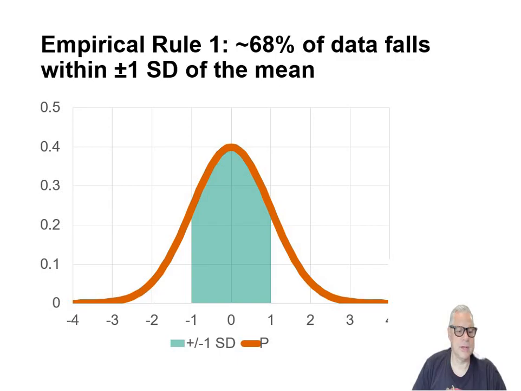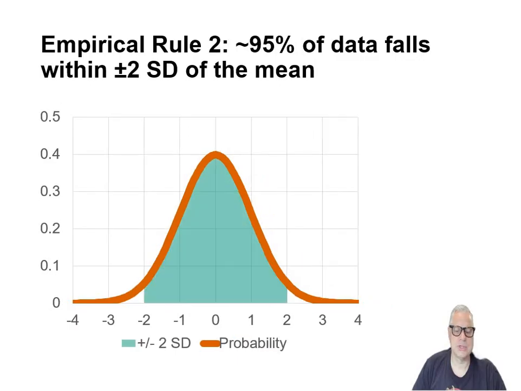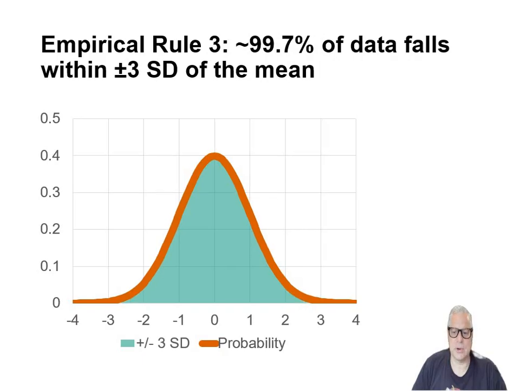Then within plus minus 2 standard deviations of the mean, we have now 95%, and within 3 standard deviations, we have 99.7%.